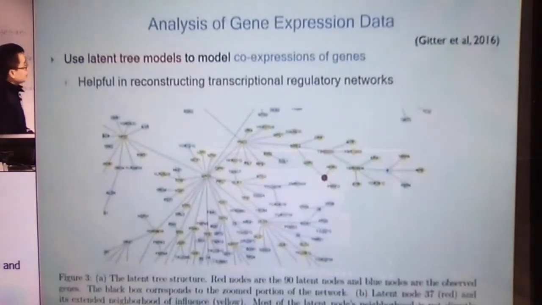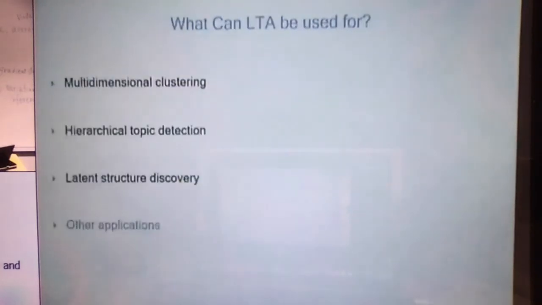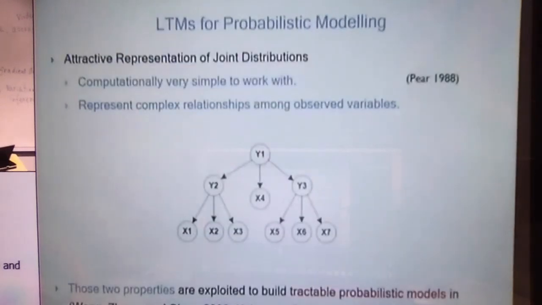They say that this kind of analysis is helpful in reconstructing transcriptional regulatory networks, which is an obviously important topic. Finally, two more traditional applications.